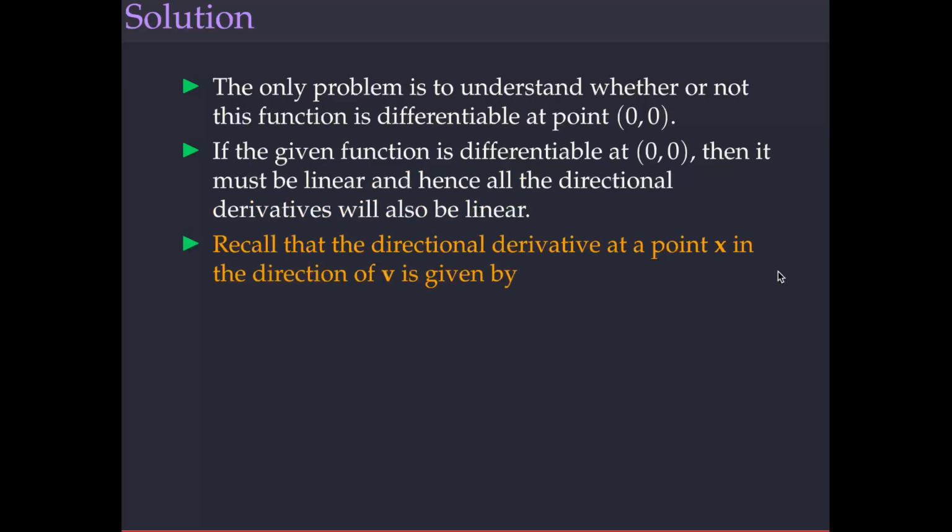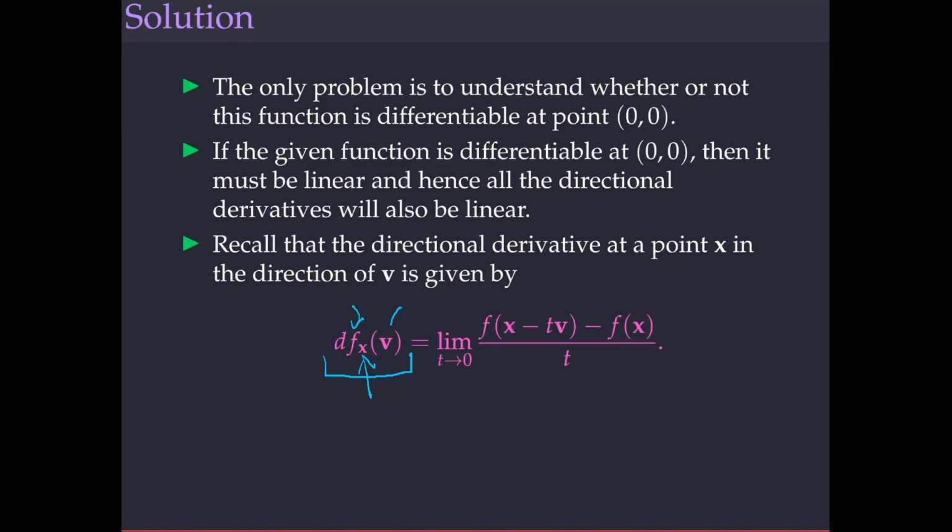So recall that the directional derivative at a point x in the direction v is given by df(x, v), so this is the notation for the directional derivative of f at point x in the direction of v. So this is the limit as t tends to 0 of (f(x plus tv) minus f(x)) by t. Okay.